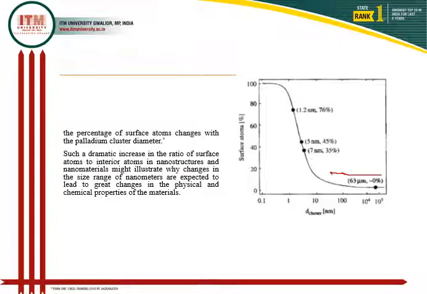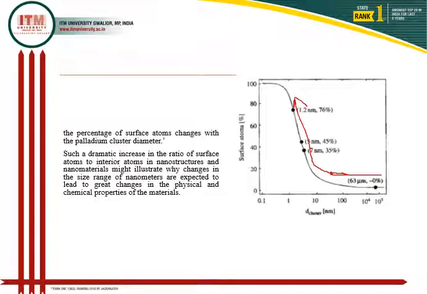Initially there is no pronounced effect, but in the nano range, as you move below nano, the effect increases and suddenly rises to less than 10. And that is why we always say whenever we are talking about the nanometer range, it should be less than 100 or most of the time less than 10.